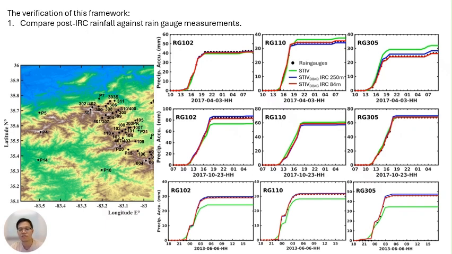The water budget closure is a fundamental physics at a watershed scale, so it's not dependent on the scales or the resolution of the models, etc. So we're comparing 250 meter and 84 meter IRC results, and we see overall very good agreement against the rain gauge values in black dots for this region.